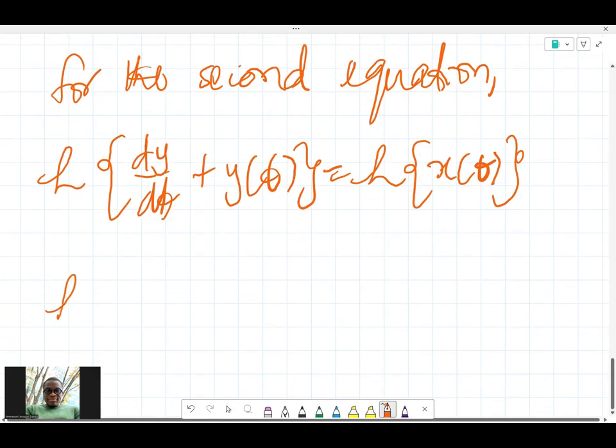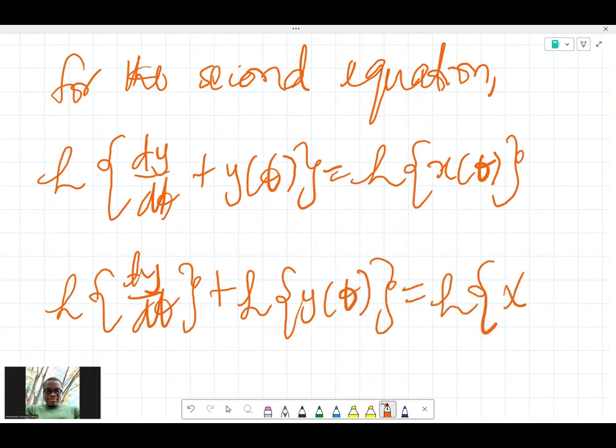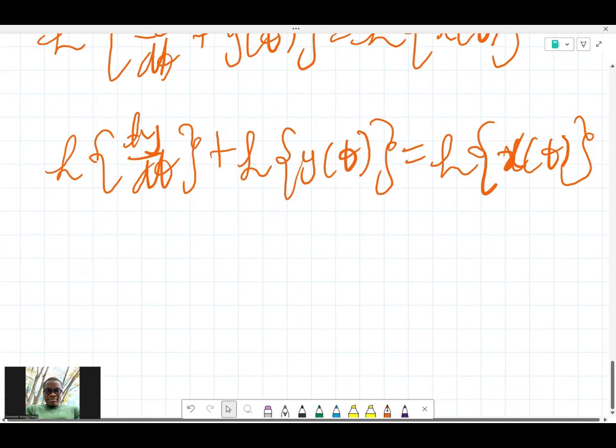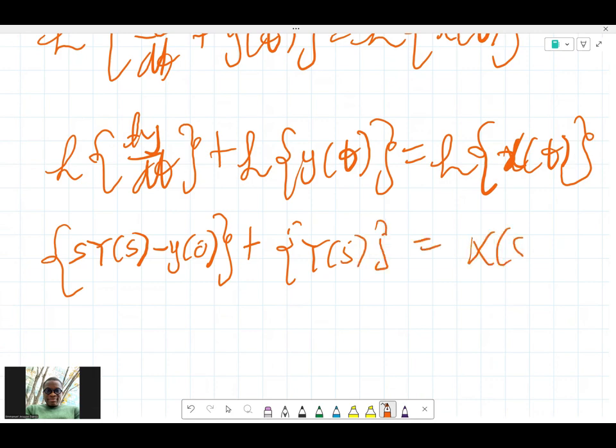So here we have the Laplace of dy/dt plus the Laplace of y(t) equals the Laplace of x(t). We just need to be consistent. In this case, dy/dt will be sY(s) minus y(0), which we already know to be 1, then plus Y(s), and that is equal to X(s).